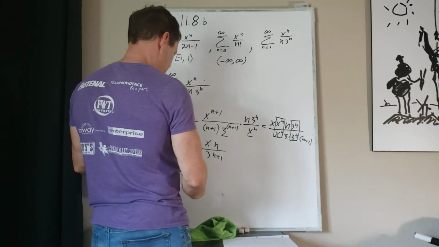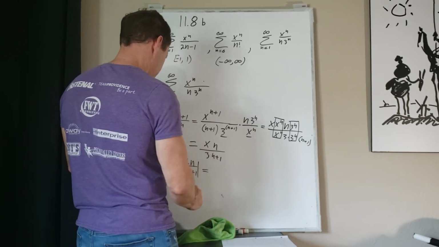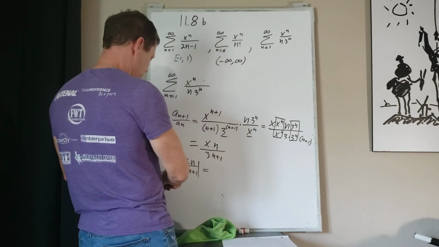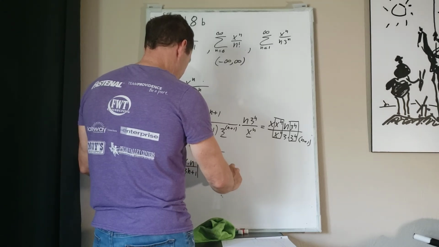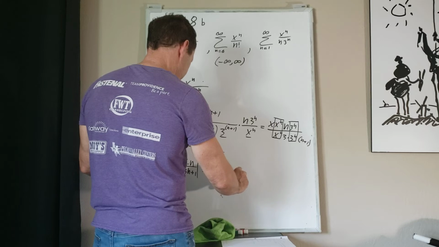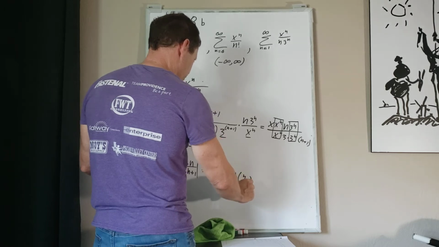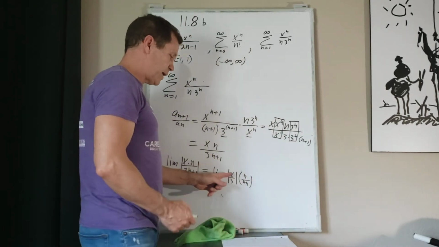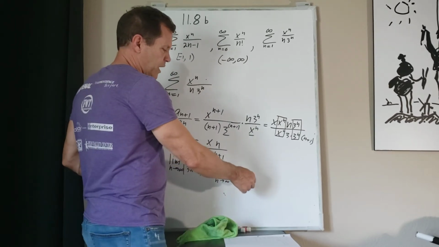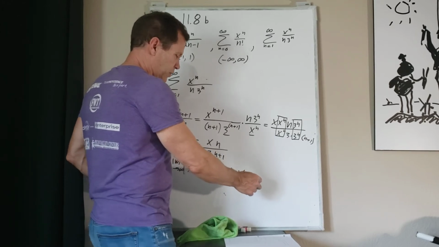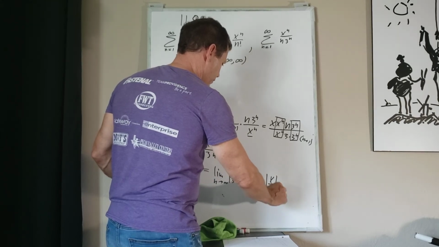You can pull out the x's because I'm dealing with n, so I got the limit as n goes to infinity of the absolute value of x over 3 times n over n plus 1. I can drop the absolute values on that because that's positive. Need absolute values here because I don't know what x is. Could be a negative number. So as n goes to infinity, I can multiply top and bottom by 1 over n, but this guy's going to go to 1. So this thing's going to equal the absolute value of x over 3.